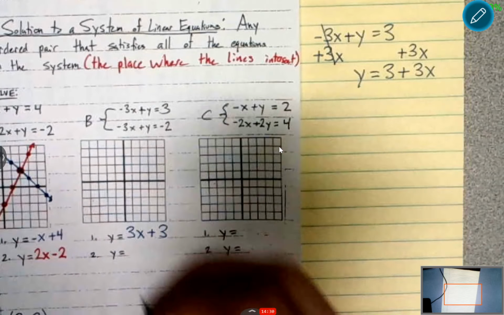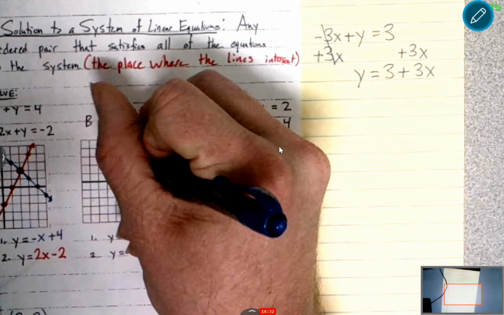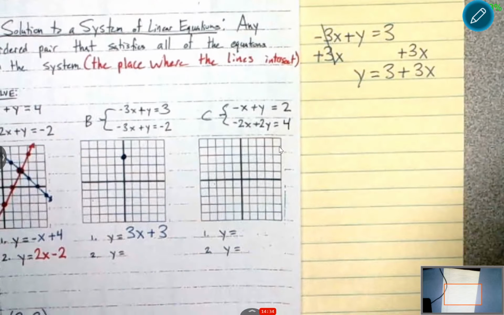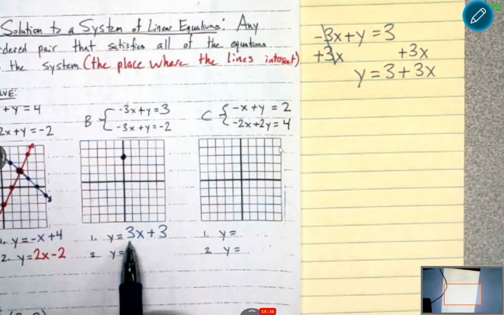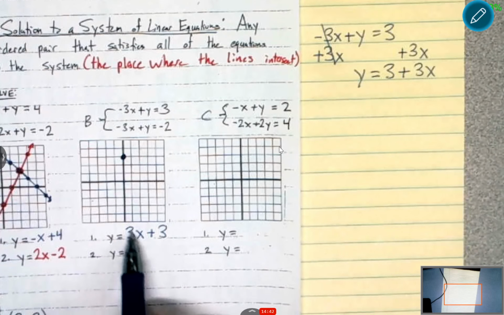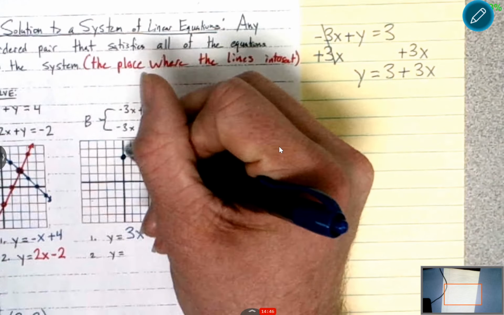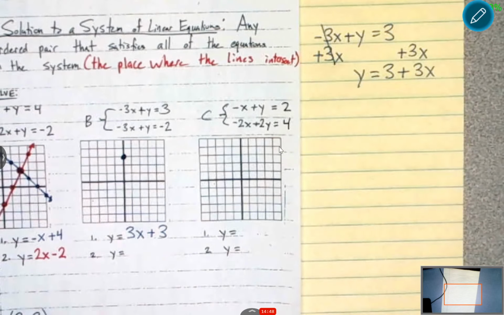I'm going to start at my y-intercept of 3, and I'm going to go up because it's positive, up 3, and right 1 because it's a whole number. If there's no denominator, then I'm just going to go right 1. Up 1, 2, 3, and I'm out of frame of the grid, so I'm going to just stop there.